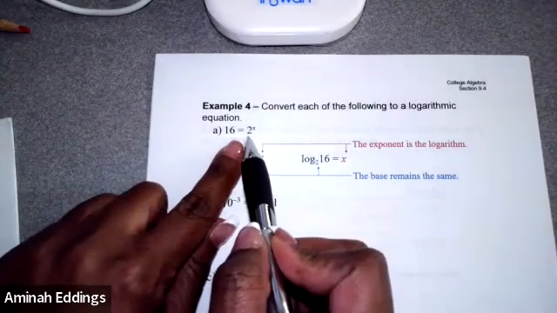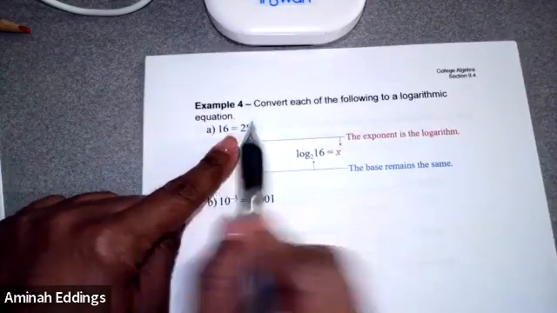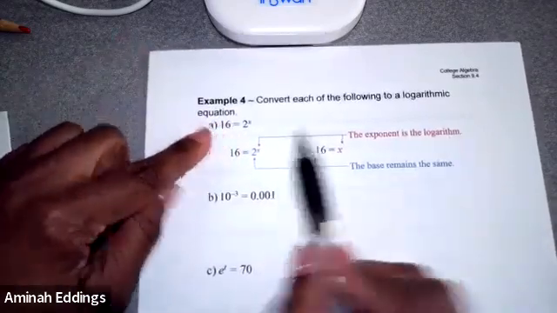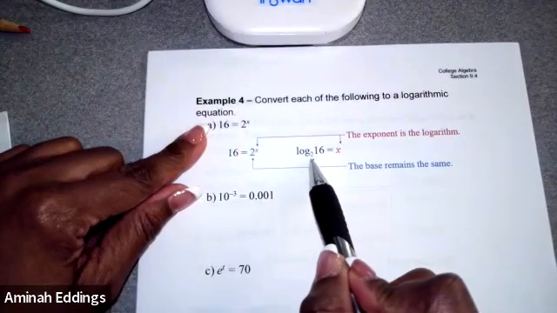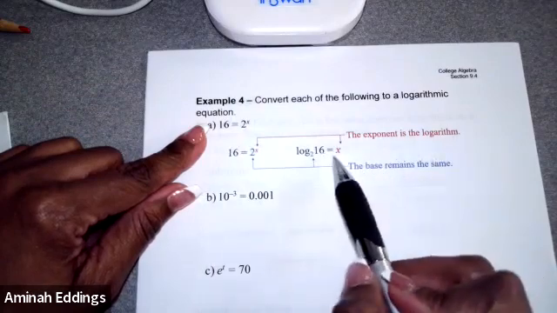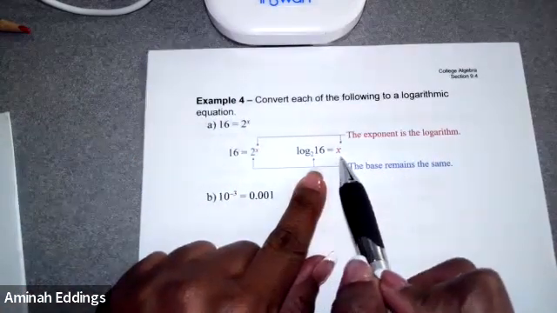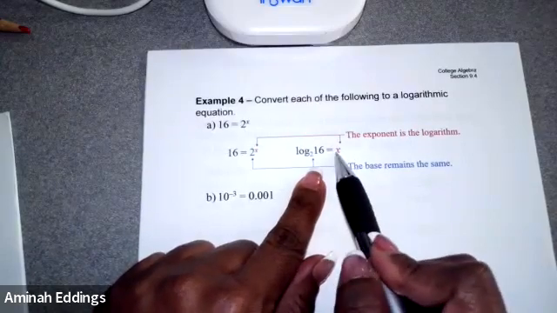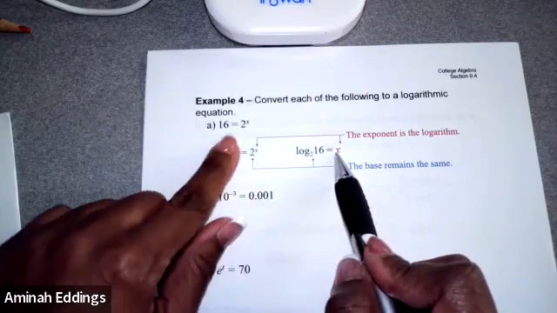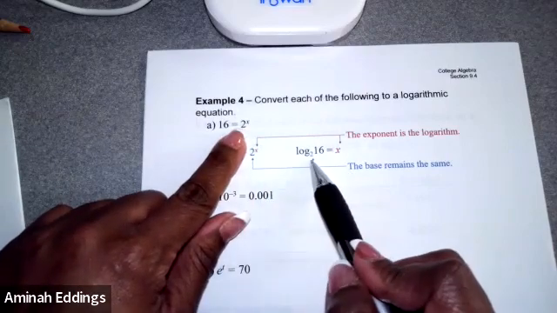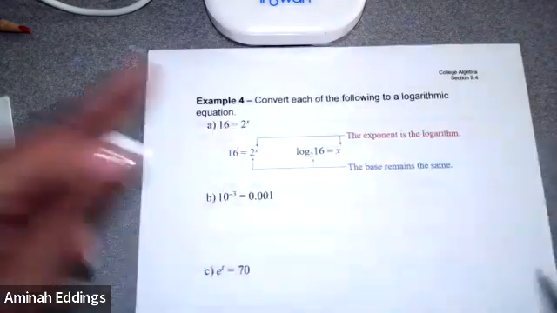So if this is my base, it's always that big number that goes with my exponent, then it's going to be log base 2 of 16 is equal to X. Just remember your exponent is going to be the logarithm, okay? So again, log base 2 of 16 equals X.